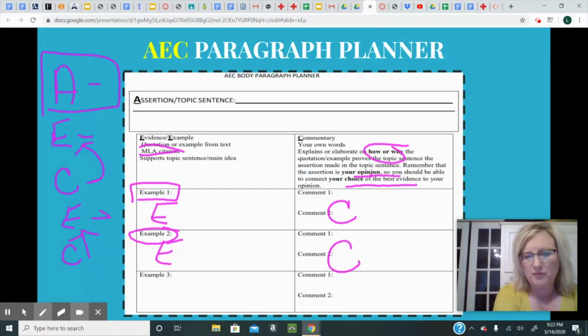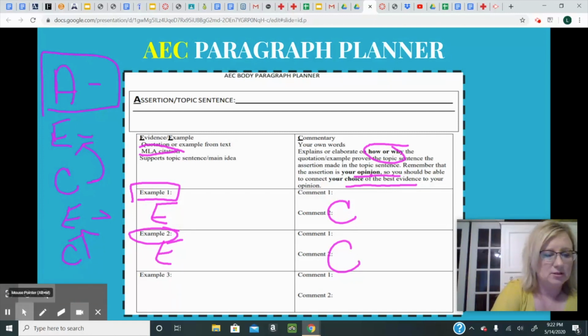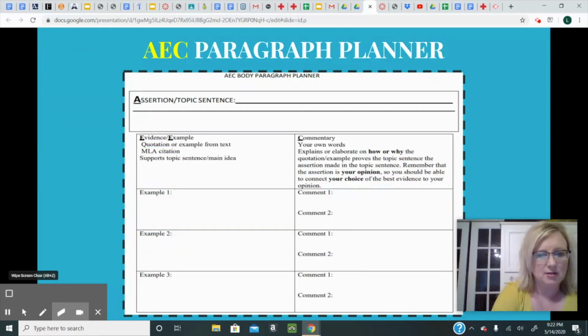And then we are going to provide evidence, give some commentary, more evidence, give more commentary, and then you could even continue evidence, commentary another time or so. This is a great planner for your students to understand how they need to think about organizing their paragraphs.